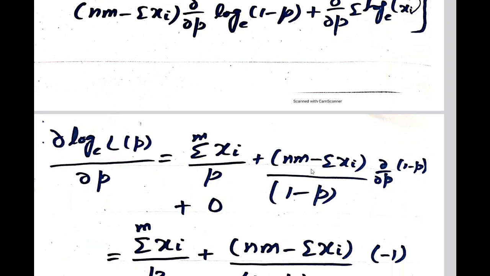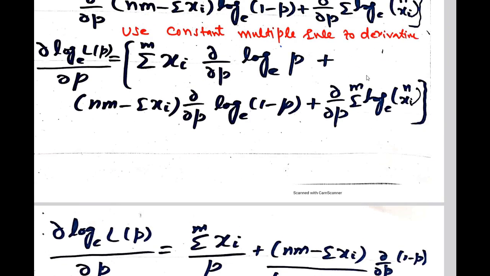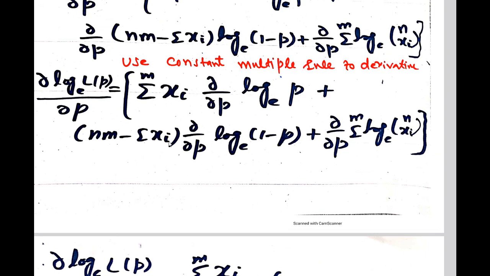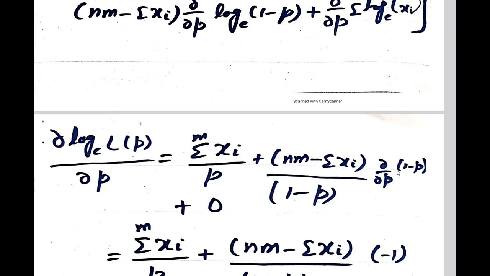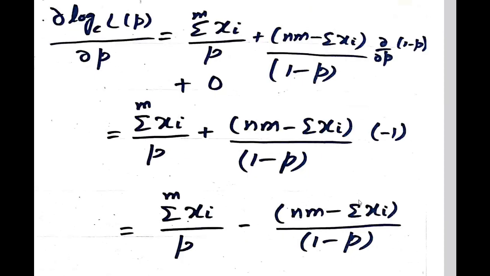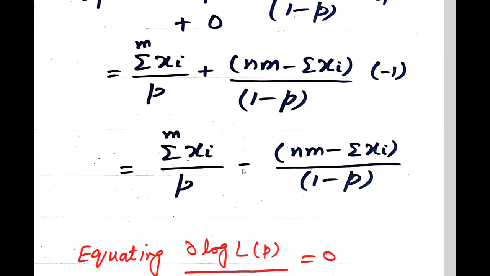Plus nm minus sum of xi times 1 over 1 minus p, taking again the derivative of 1 minus p: the derivative of 1 is 0 and the derivative of p is equal to minus 1. So here is minus 1 times nm minus sum of xi over 1 minus p. So sum of m xi over p plus minus, minus nm minus sum of xi over 1 minus p.